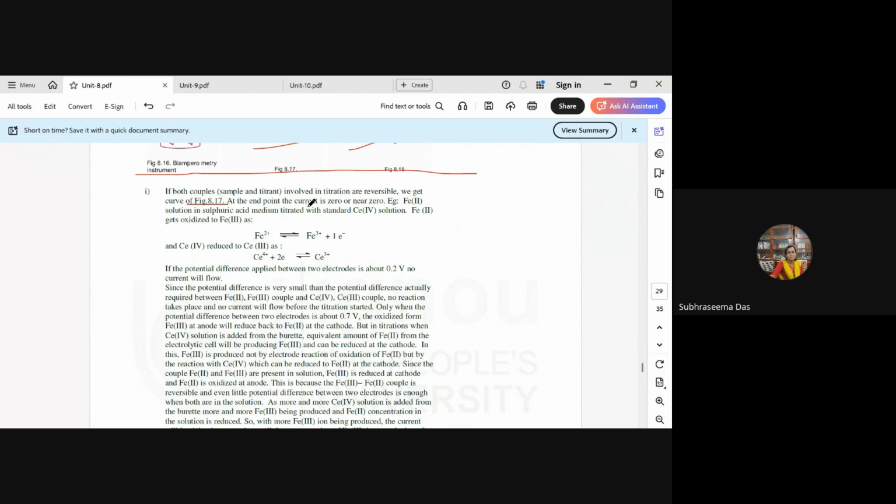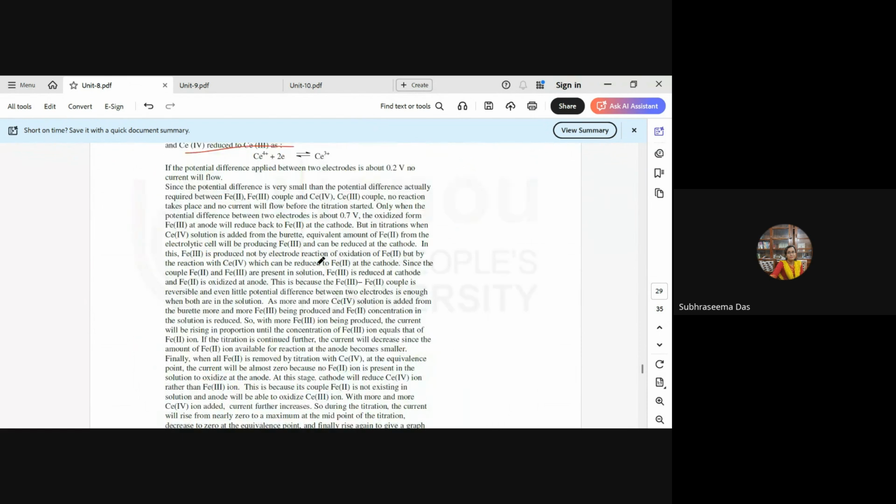At the end point, the current is zero or near zero. For example, Fe2+ solution in sulfuric acid medium titrated with standard Ce4+ solution, Fe2+ gets oxidized to Fe3+ and Ce4+ gets reduced to Ce3+. So if the potential difference applied to the electrodes is about 2 volt, no current will flow.